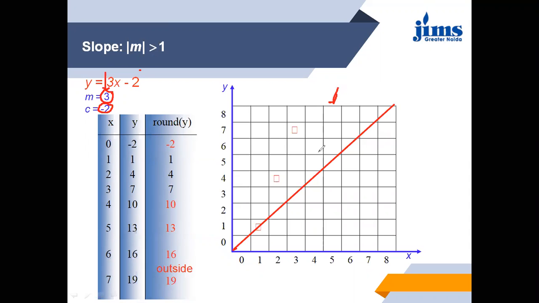So when a line is in this region, the value of y is increasing unitly. Unitly means one at a time, and we have to find out the value of x.